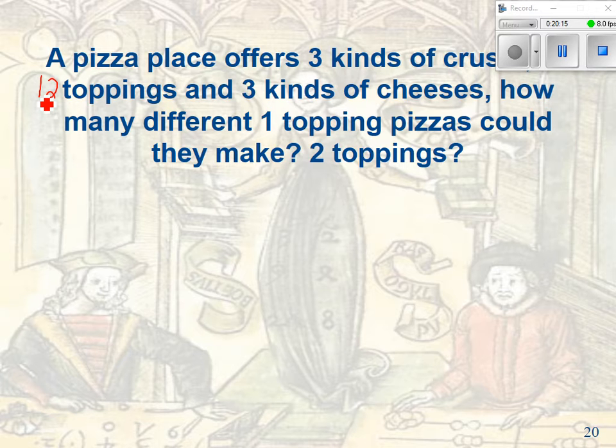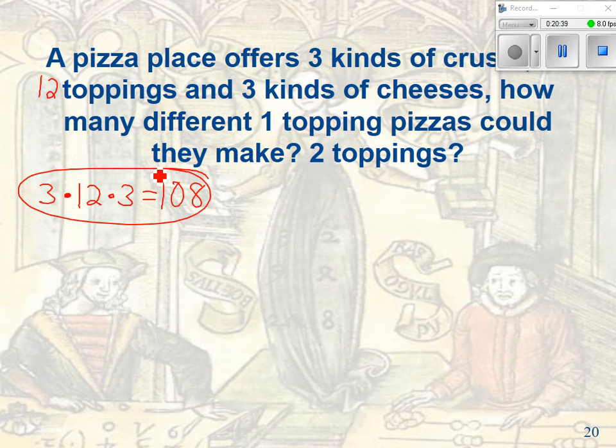How many different kinds of crust could you pick? So 3 times, if we're just picking 1 topping, how many different toppings could we pick? 12 times 3. What's that give us? 108. So that's for 1 topping.